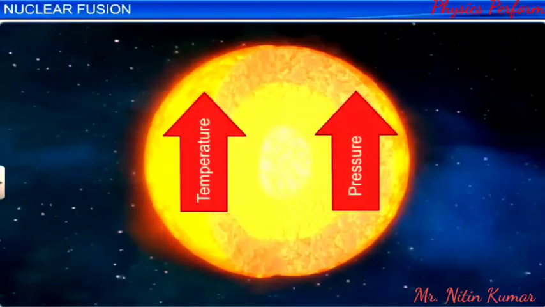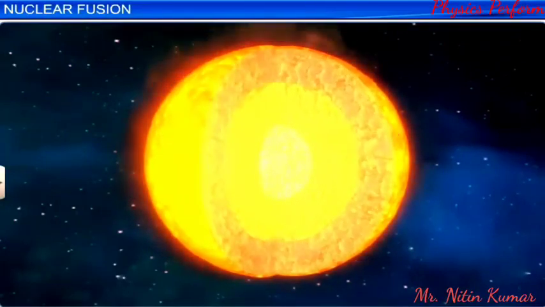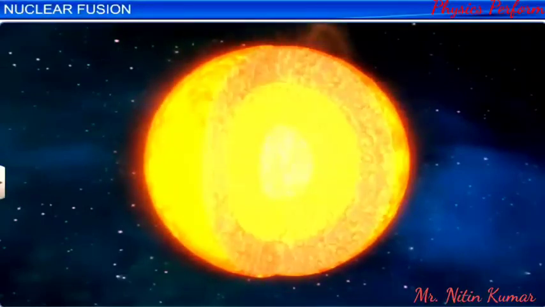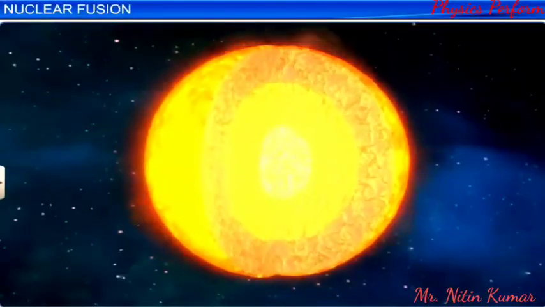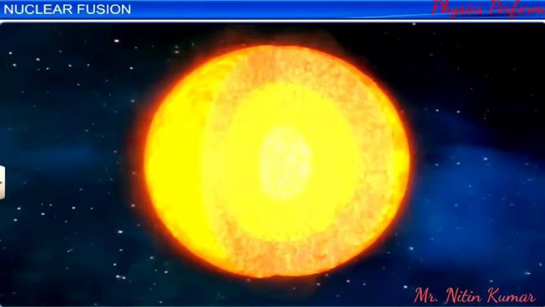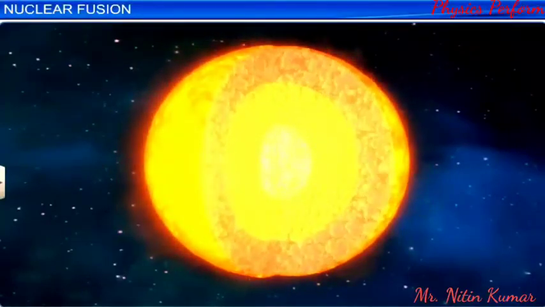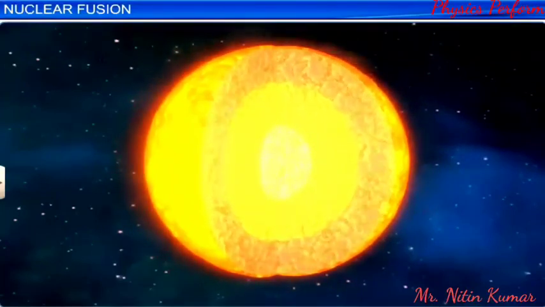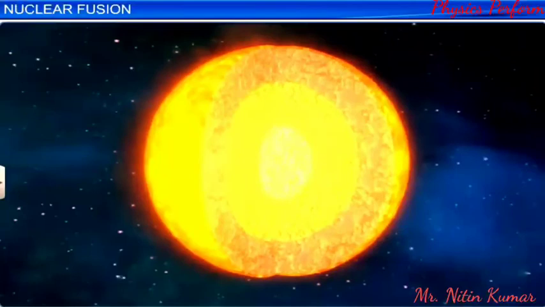Such thermonuclear fusion reactions occur in the Sun and other stars and form the source of the enormous amount of energy of the stars. We know the Sun has been a source of energy for us over the past 5 × 10^9 years, and estimates show that this can continue for the next 5 billion years.